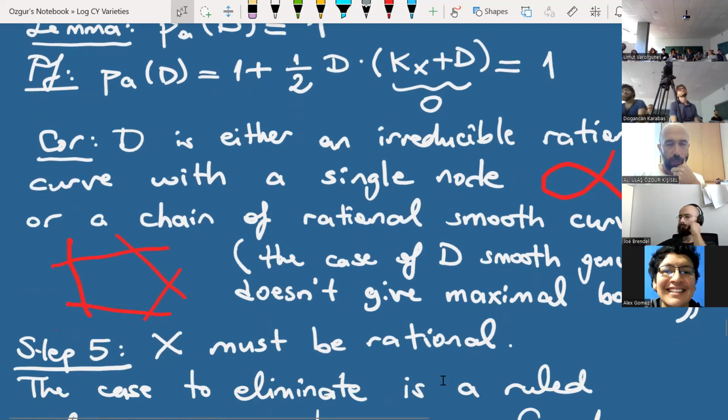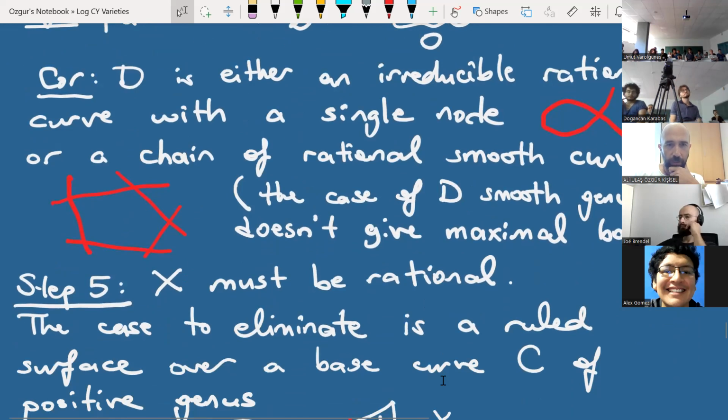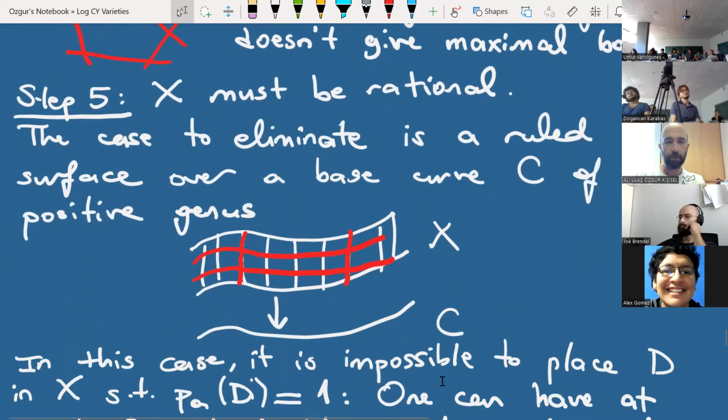Okay. Now let's show that X must be rational. The only case to eliminate is a ruled surface over a base curve C of positive genus. So why can't that happen? Well, suppose there is something like that. So X fibers over C, the fibers are P1s, and C has positive genus.